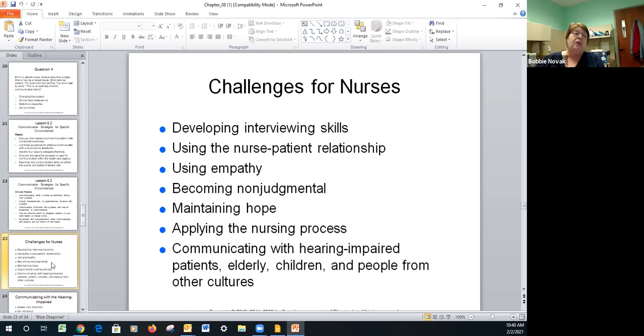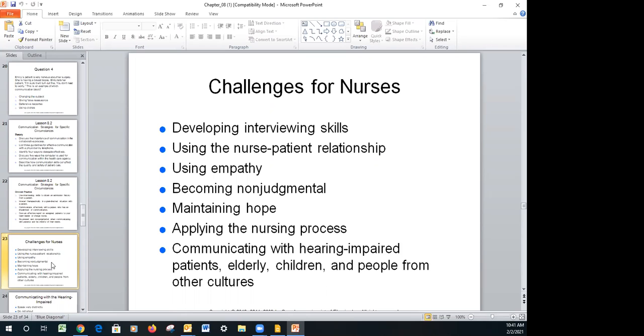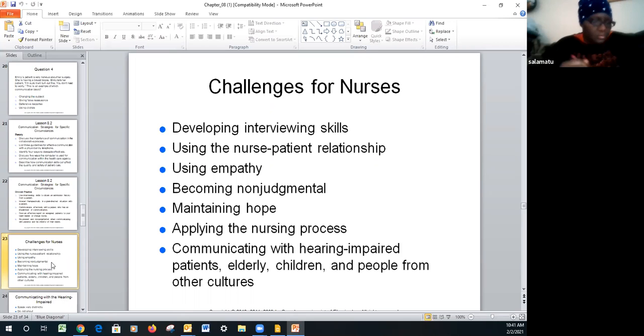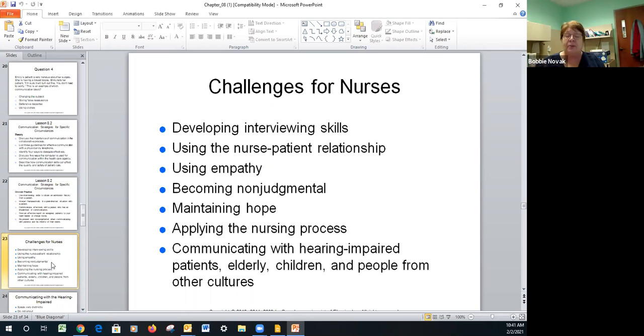It's also a challenge to build that nurse-patient relationship. The nurse-patient relationship is a professional relationship. It is not a personal social relationship. Empathy. What is empathy? Sympathizing? No, sympathizing is something different. Putting yourself in their shoes. Right. Empathy is putting yourself in their position.